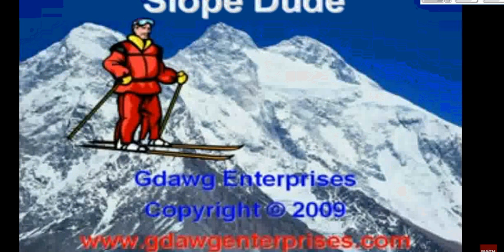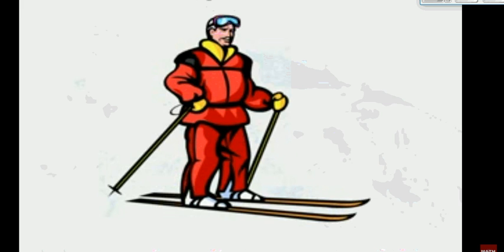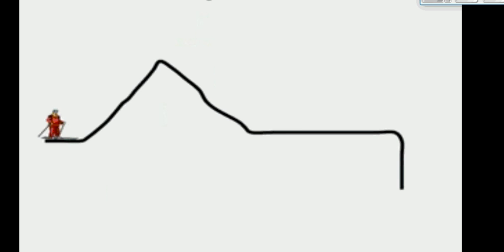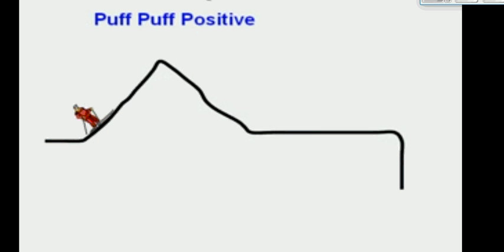Adventurous Slope Dude. Meet Slope Dude. He loves to ski. We are going to follow him, and he'll teach us some important aspects of slope. This is the course he's skiing today. What he says will teach us about slope. Always remember that Slope Dude always skis toward the right or eastward. When he starts out, he's going uphill. It's hard work. He says, puff, puff, positive, as he goes up the mountainside. Now he's at the top.